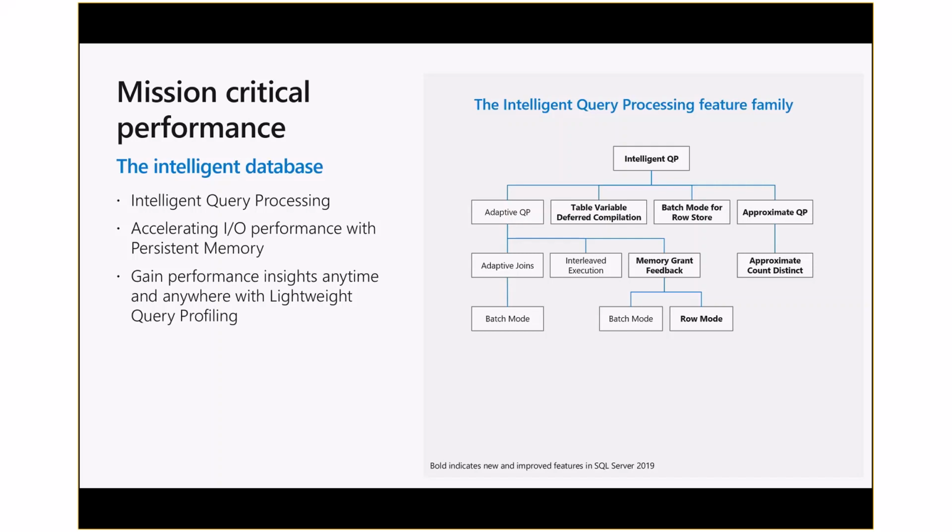But what we figured out during our tests, and we have a huge install base using our SQL Azure databases, with over 4 million databases generating tons of telemetry data, is that the performance overhead of the lightweight query profiling, with some optimizations, is extremely low.